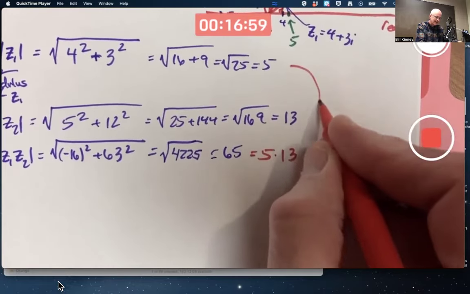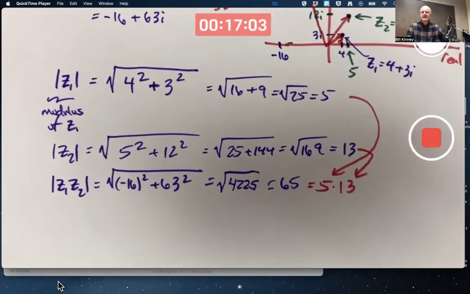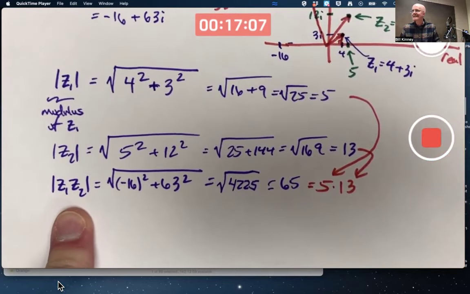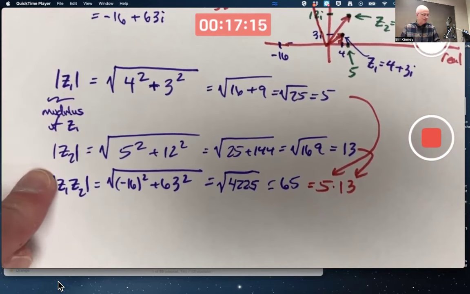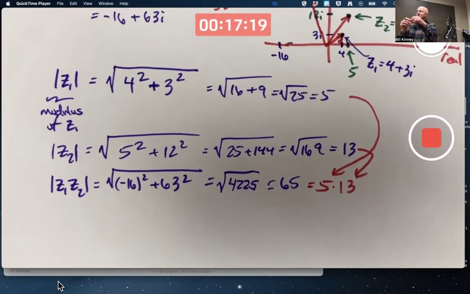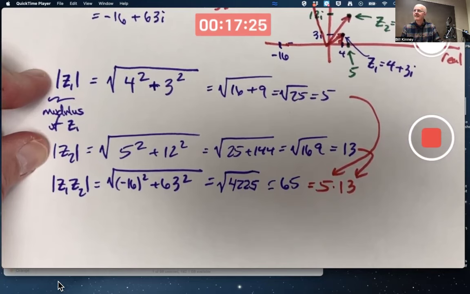So yes, I did, for this example at least, see that the modulus of the product, z1 times z2, is the product of the moduli. Fun to say. The modulus of the product, its distance to the origin, which is the same as the length of the vector out to it, is the product of the moduli of each individual factor.